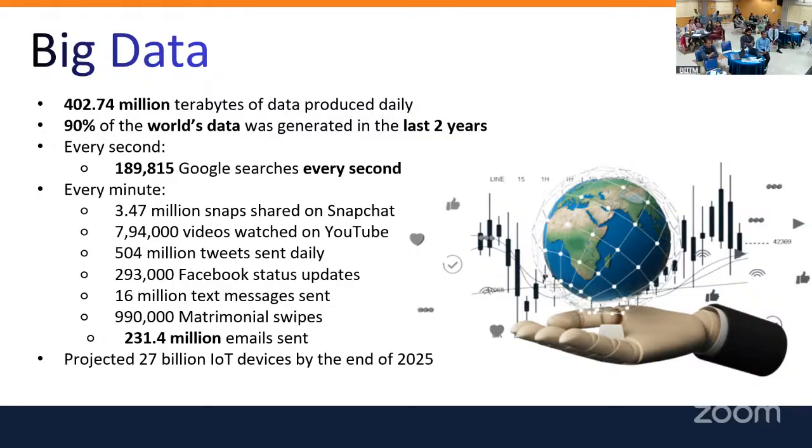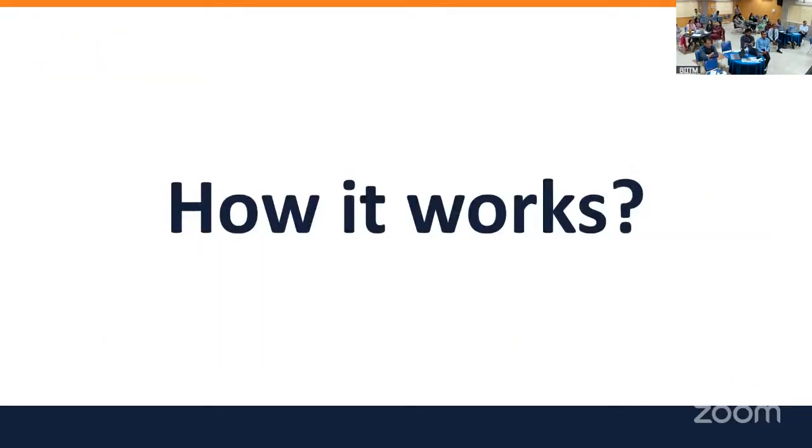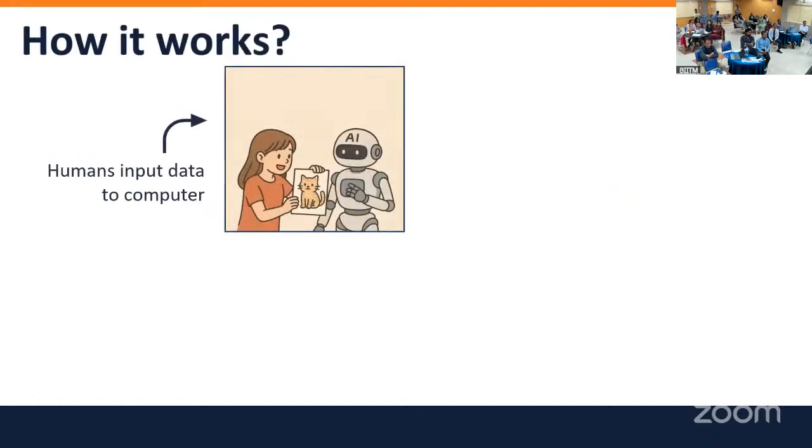Next, how it works. Very simple thing. For example, how do we train our LLMs? A human gives input data to the computer, to the system. The girl is showing a picture of a cat.